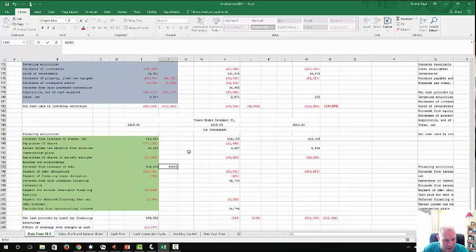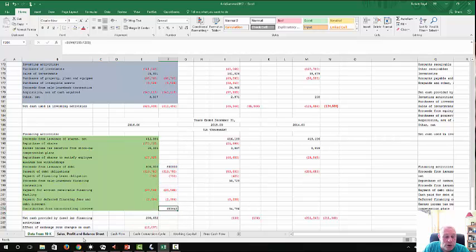Issuance of debt. And then they pay debt back. Okay. Financing operations. Yes. Accounts receivable financing. Payment for fees and debt discount. So now let's add that up and see what happens.